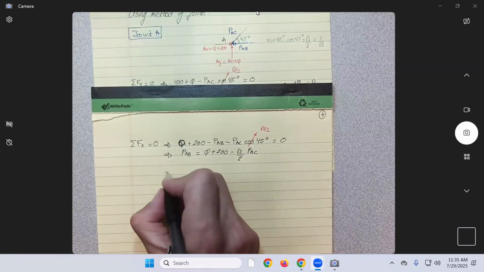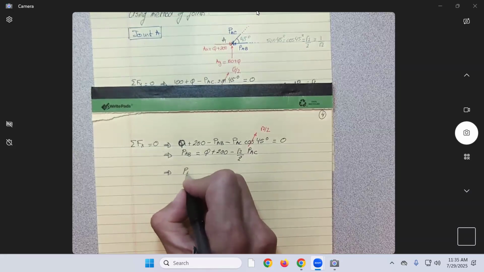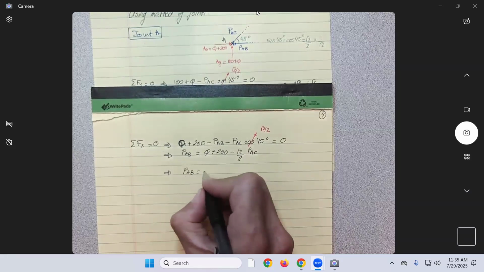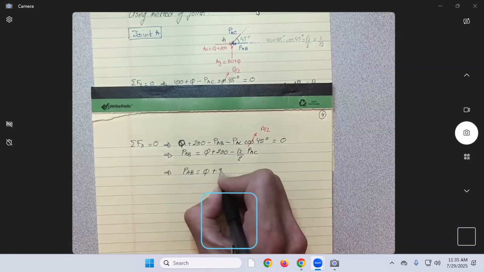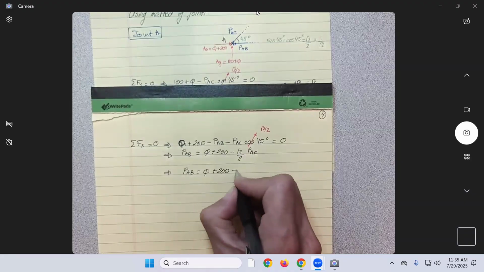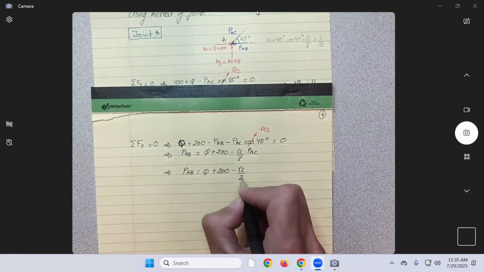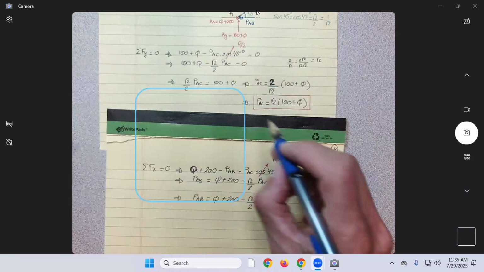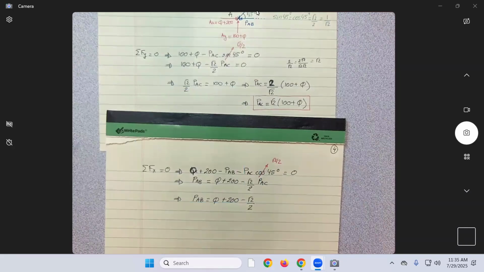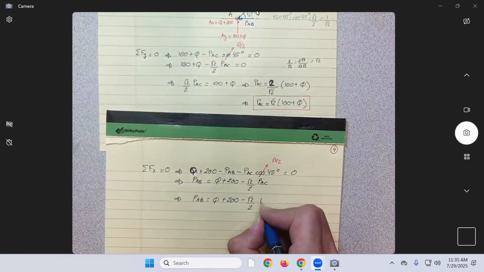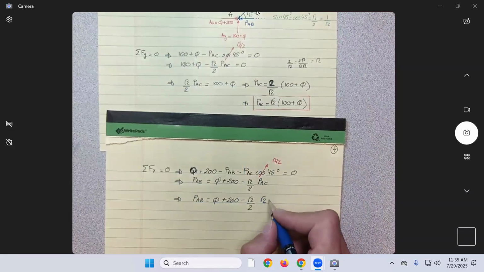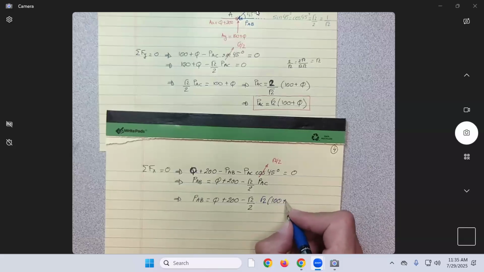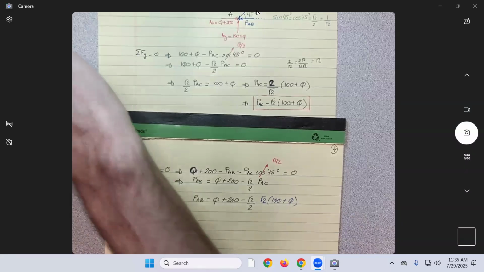Okay, so we have PAB equal to Q plus 200 minus square root of 2 over 2, and we just find out what PAC is. PAC will be square root of 2 times 100 plus Q.